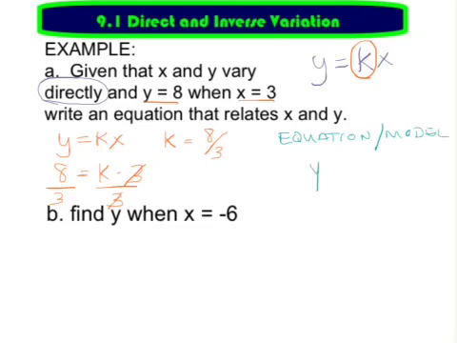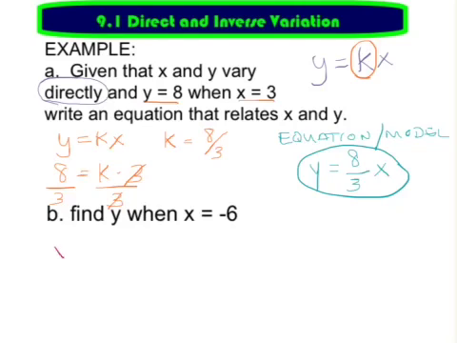And remember, equations and models have variables, so I will write down y equals, and instead of k times x, I'll use 8/3 because that is my constant. So this is my equation, that is my model. It has an x and a y, and I've just inserted the number that k is, that I have found by using the information I have. And then part B says, now find y when x is -6.